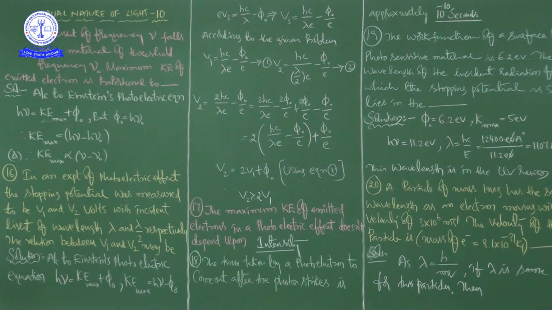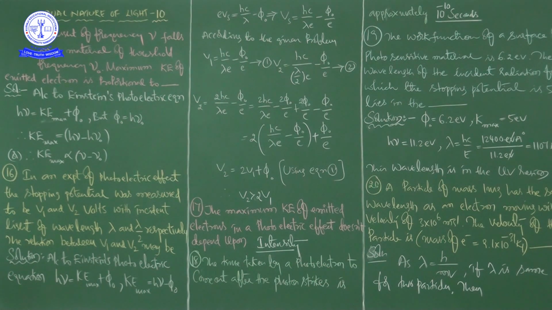So when a form of energy, that is what light, is going to be incident on a metallic surface in the form of photons, then this photon's energy is going to be absorbed by the electron, and then the electron will try to come out from the metallic surface.